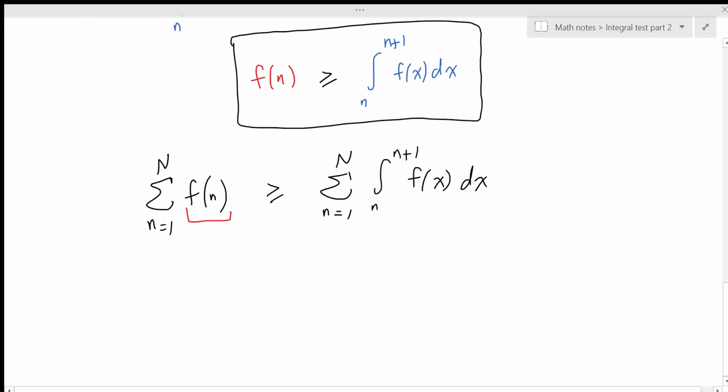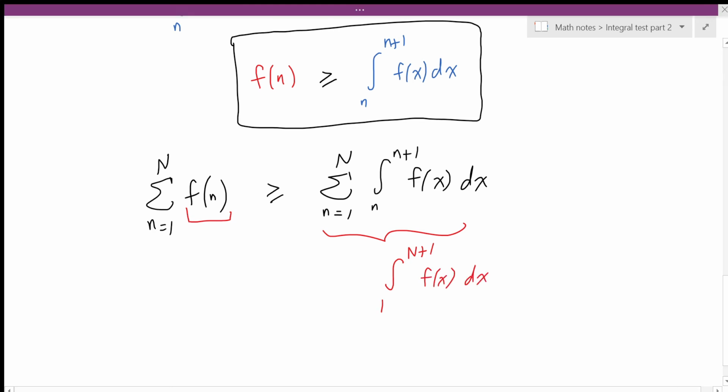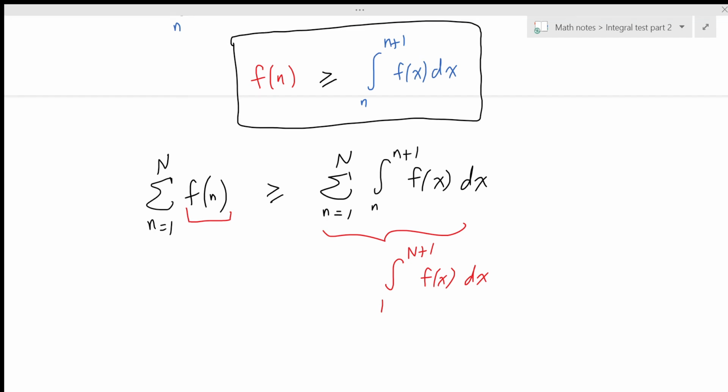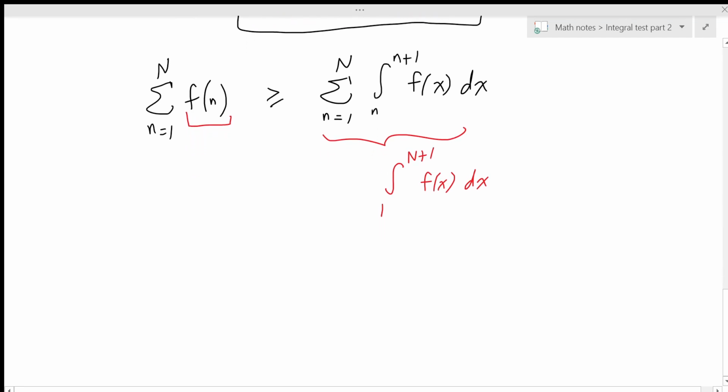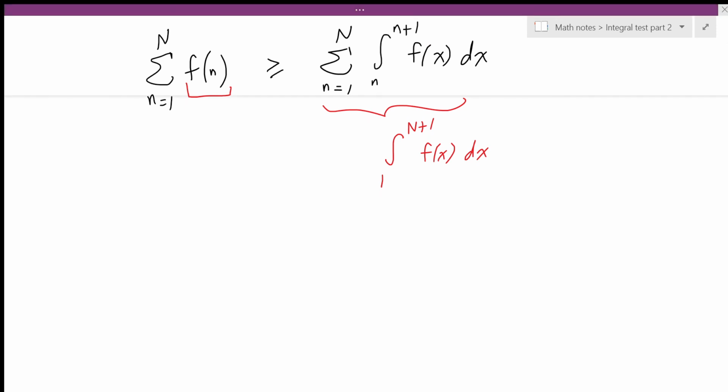So if we evaluate this sum that appears here, we find that it's actually equal to the integral from 1 to capital N plus 1 of this function, f of x. And that's the final step that's needed to derive the inequality that we use in the integral test.